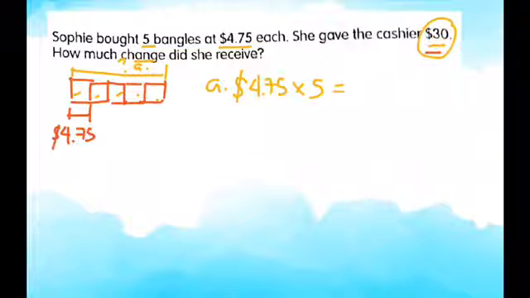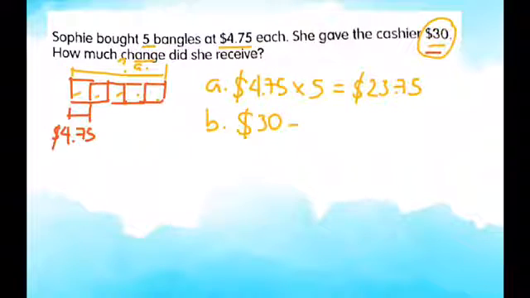By this time, you should be getting a total amount of $23.75. Can we already get the change for the items that she paid for? Yes. So we take away $23.75 from $30.